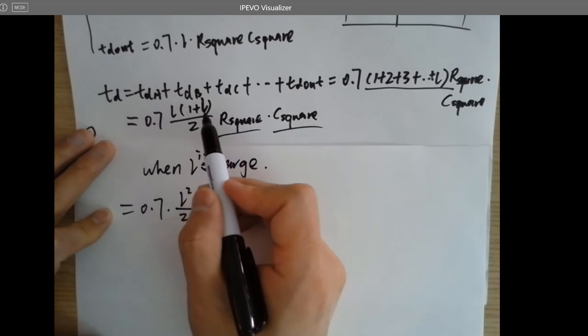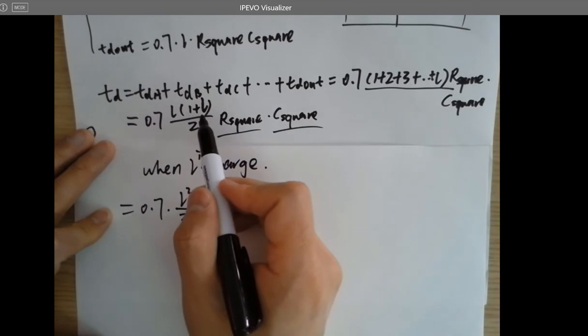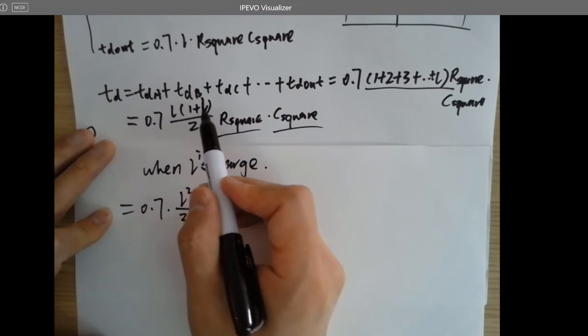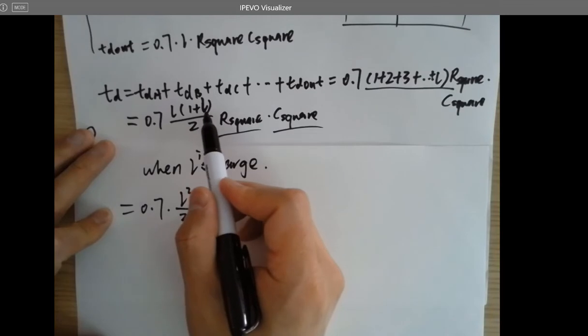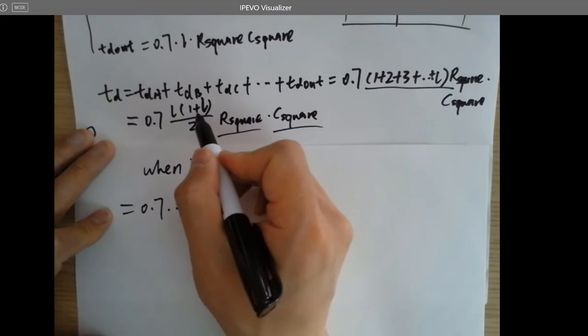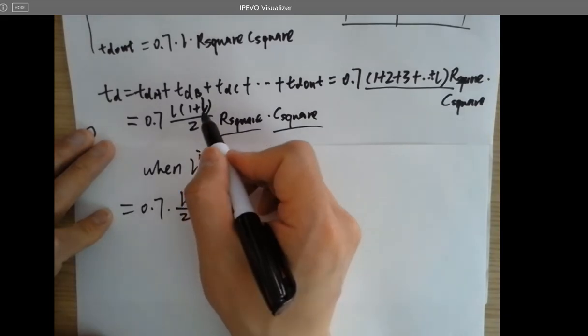So L is large, normally like 10 or larger. So 11 is pretty close to 10 in that case. If L is just 2, then 3 is significantly different compared to 1, right?